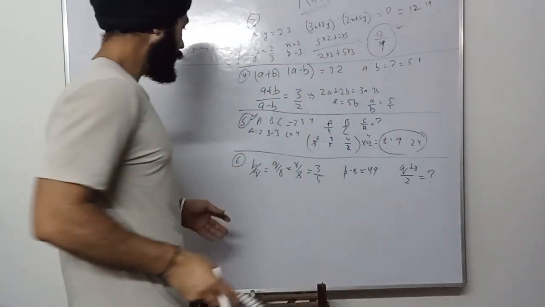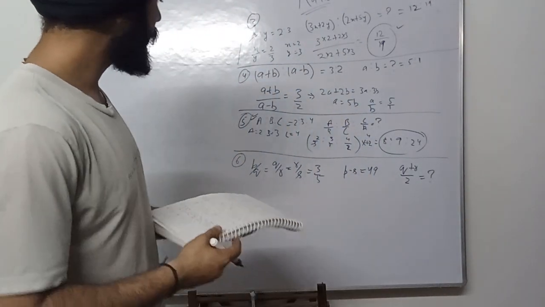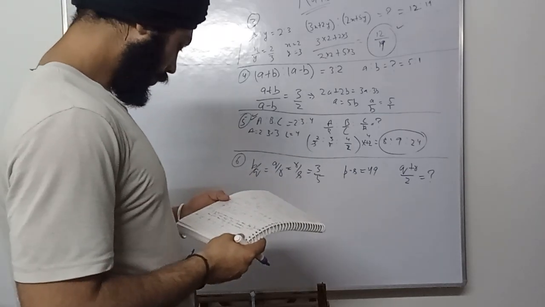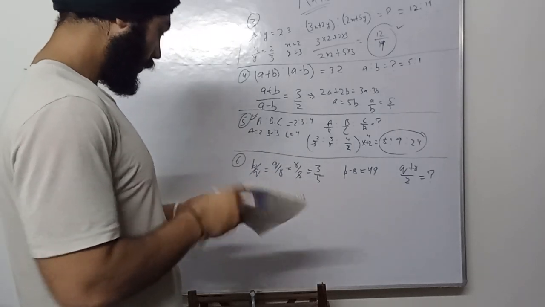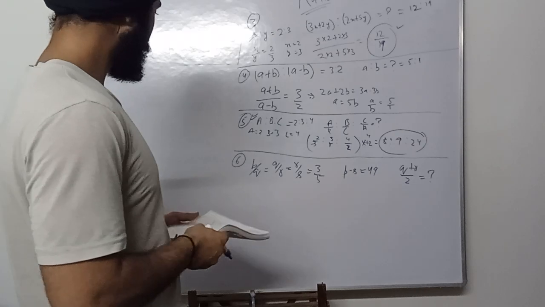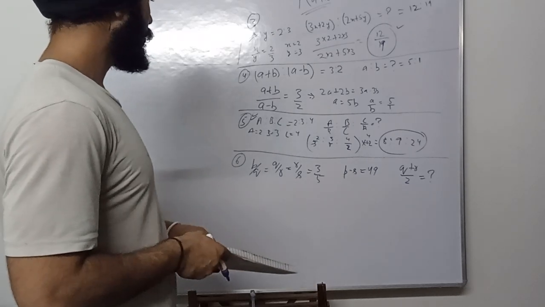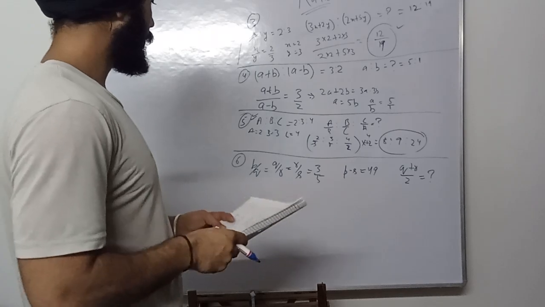So P by Q is equals to Q by R is equals to R by S is equals to 3 by 5. So we can do it multiple ways, but firstly we need to find the values of P, Q, R, S in the respect of all.